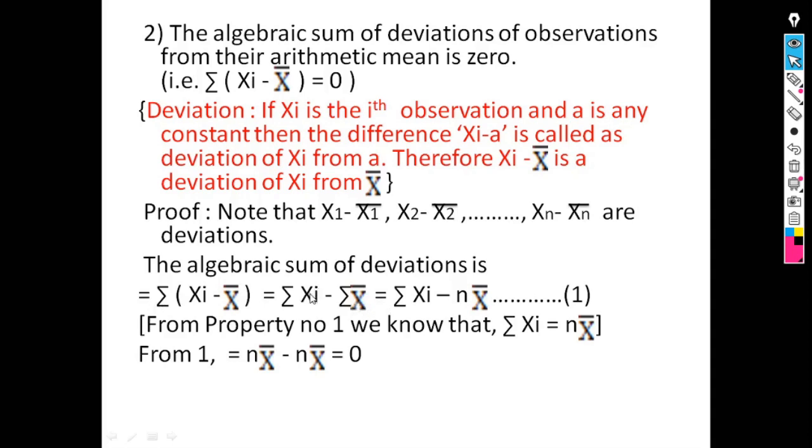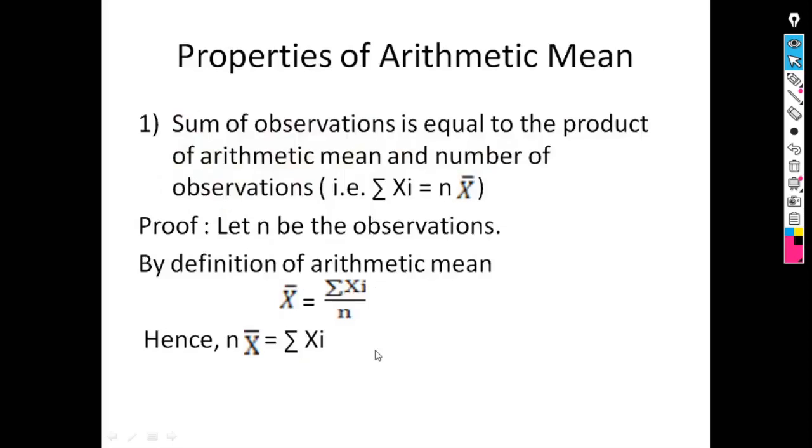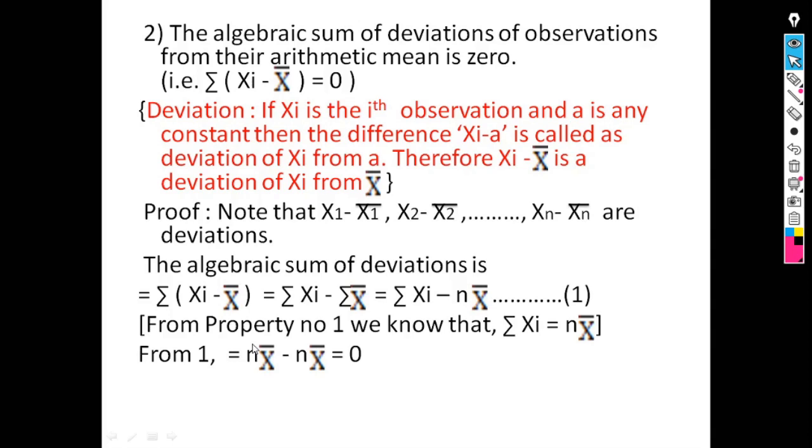We know that summation of x bar is equal to n into x bar, because the sum is from 1 to n. And from property 1 we know that summation of xi is equal to n into x bar. Substituting, n into x bar minus n into x bar equals 0. That is, summation of xi minus x bar is equal to 0. So the algebraic sum of deviations of observations from their arithmetic mean is always 0.